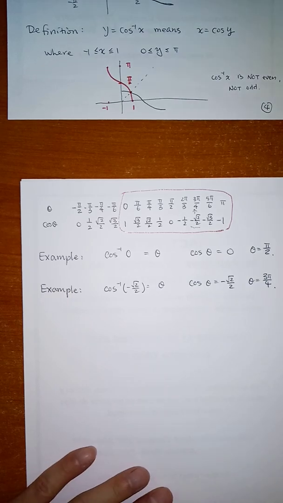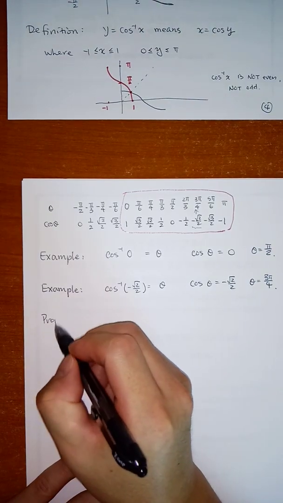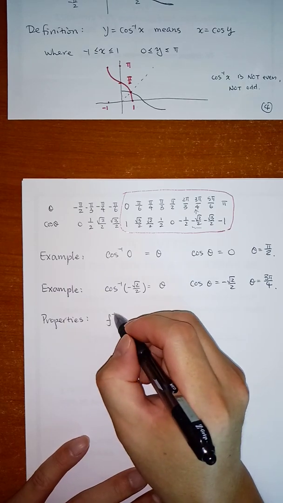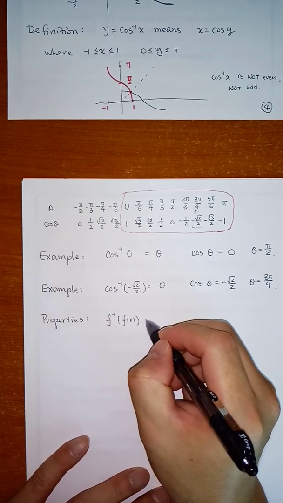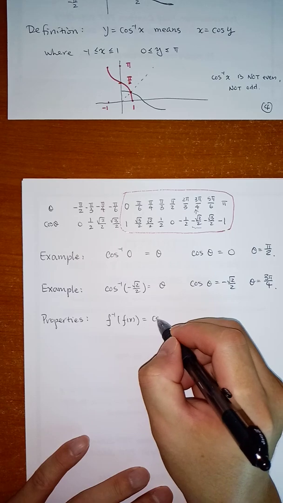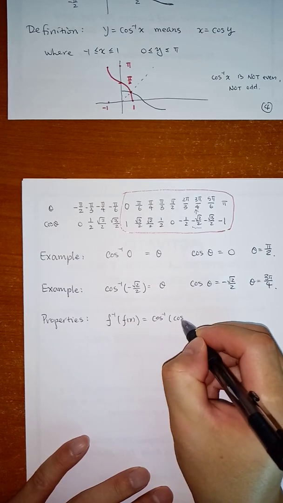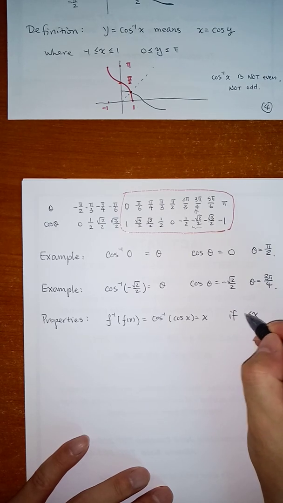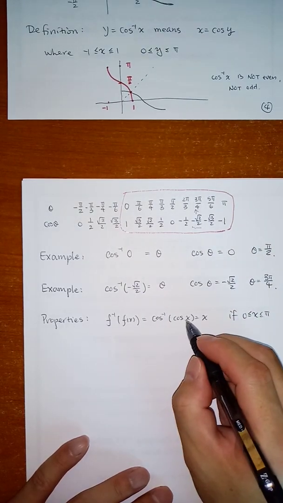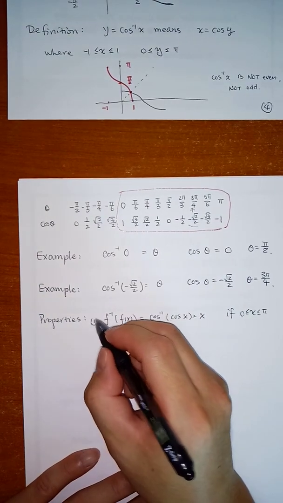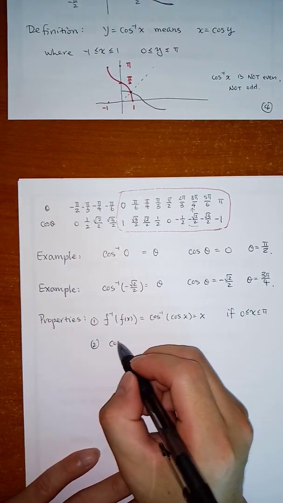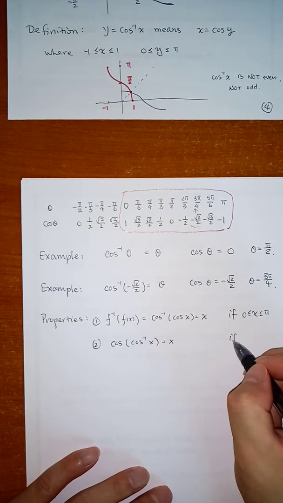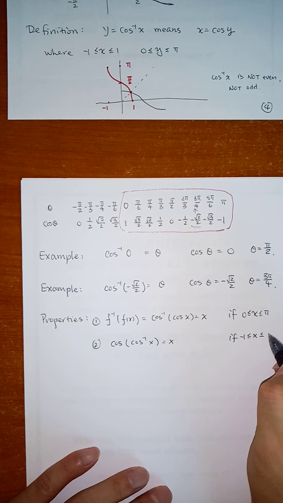Okay, so the same property, but here x has to be between 0 and pi, in the domain of cosine. And second, x is in the domain of cosine inverse.